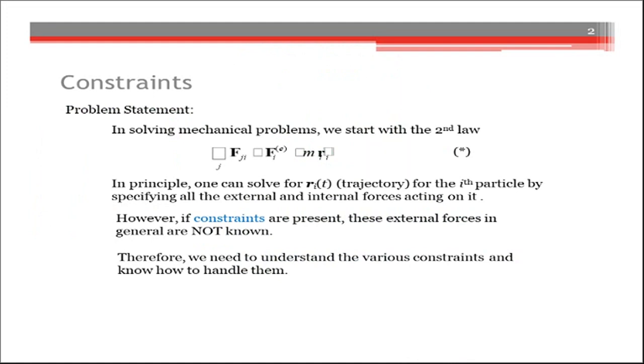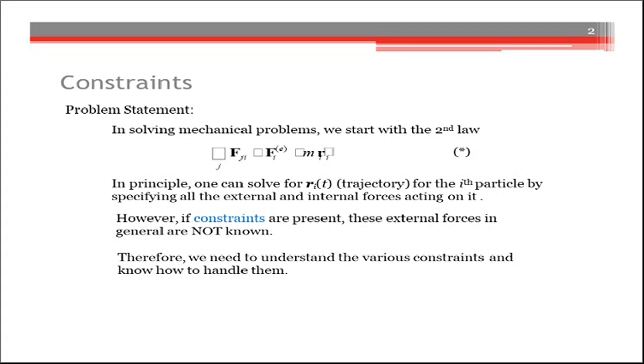A constraint is a basic condition related to the derivation of classical mechanics. When we derive the force equation, it comes up in some problem statements. In solving mechanical problems, we use the second law of motion: the summation of F_i equals m_i r_i double dot, equation 1.